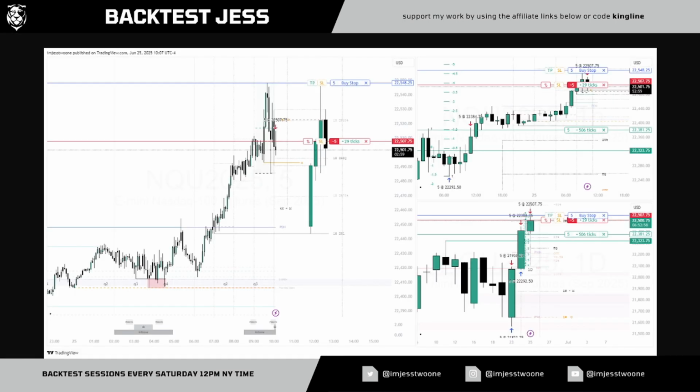So I'm sure everyone remembers where this went, but this went all the way down to Asia low. I was holding it for just a little bit longer than Asia low, I think I was holding for lunch low. Lunch low was like 380 or something. It only went to Asia low and then it turned around.